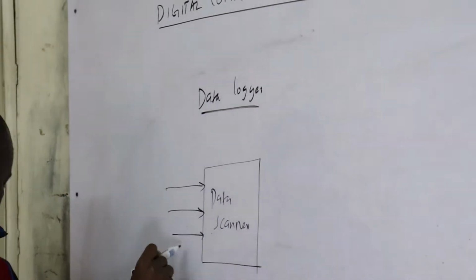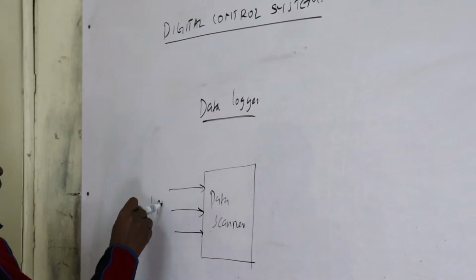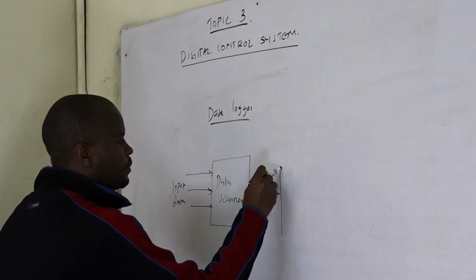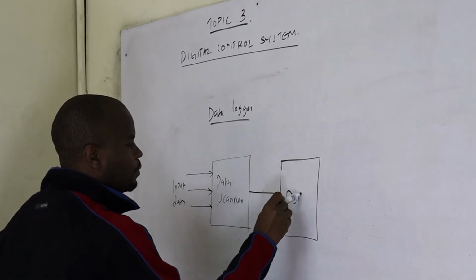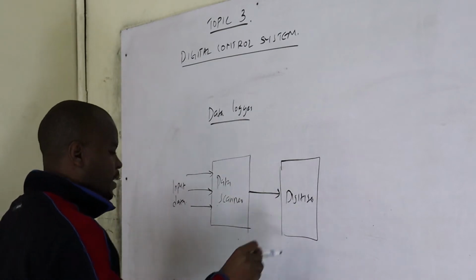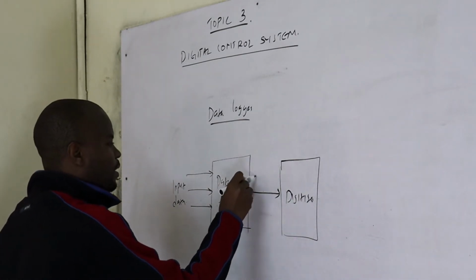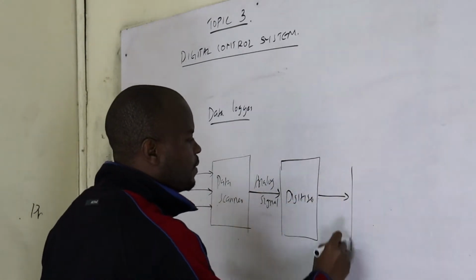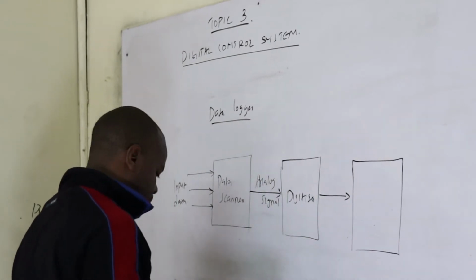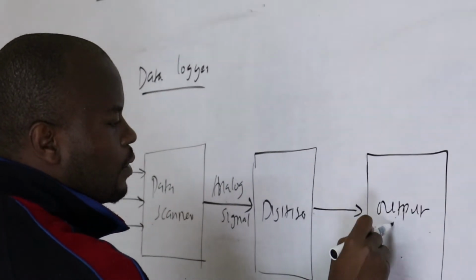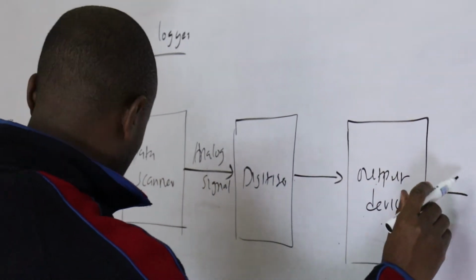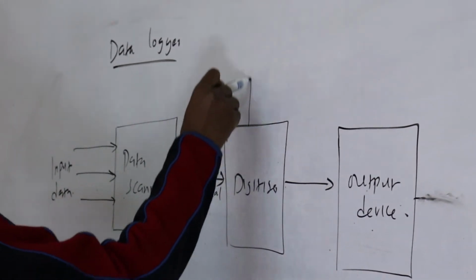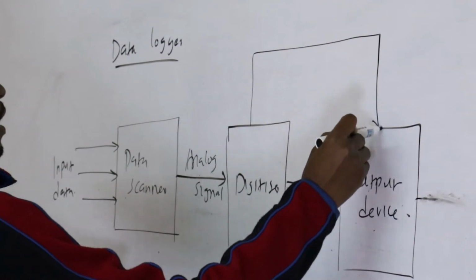The input data goes to the digitizer, where we have an analog signal. Then it goes to the output device, which also has the ability to record, so we can have a record command.